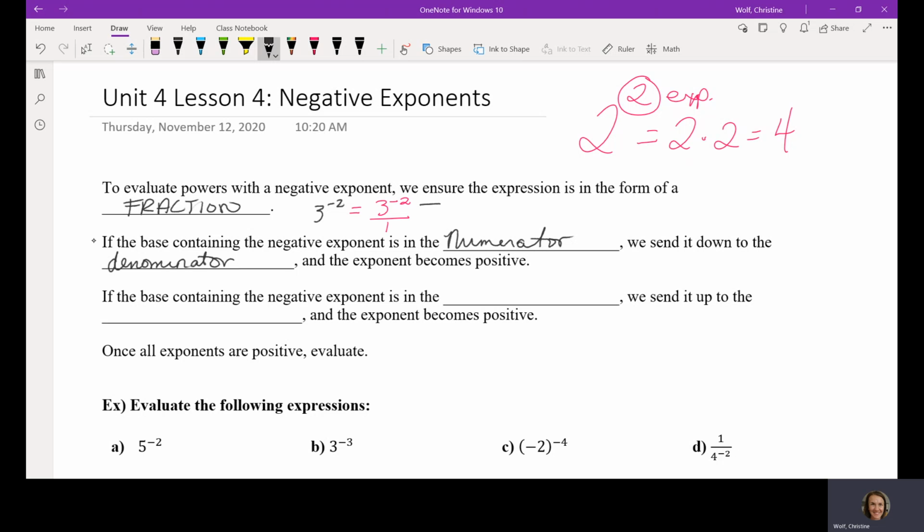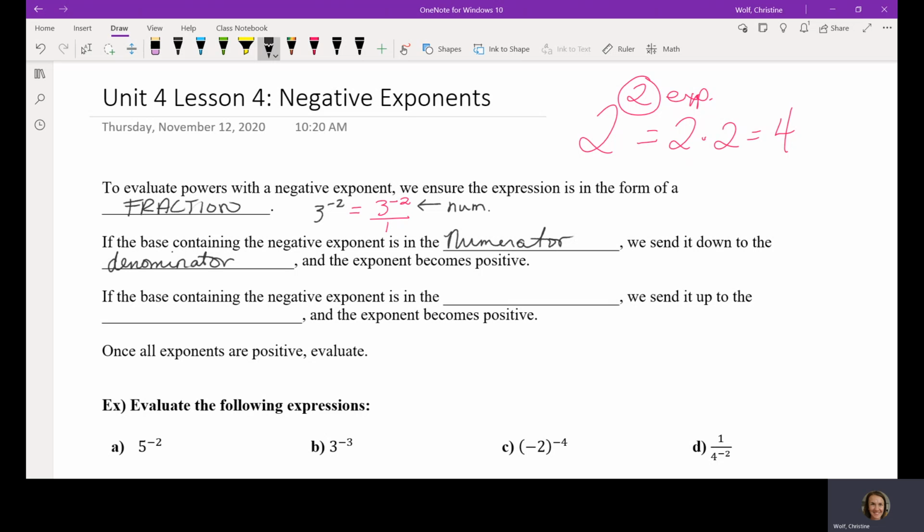For example, right here, the 3 is the base. Just a reminder from grade 9, 3 is the base, and the exponent is the negative 2. Here the base is in the numerator, so the 3 is up top, and so these instructions say that we would send the 3 down to the denominator.